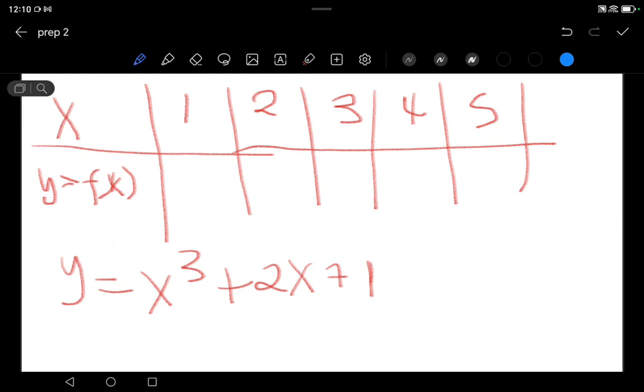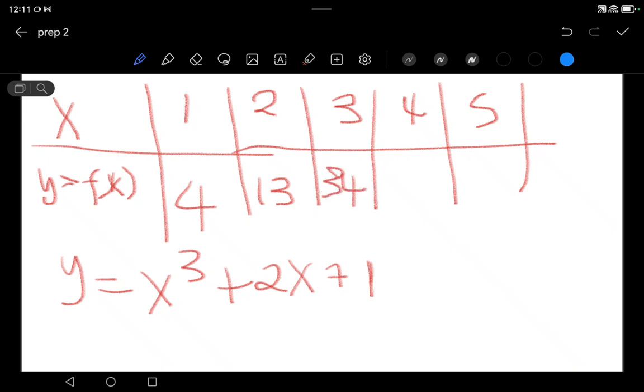Do you get it, guys? So we're going to substitute 1 into our function. 1 to the power of 3 plus 2 into 1 plus 1 gives us 4. When we substitute 2, it gives us 13, and when you substitute 3 in our function, it gives us 34.